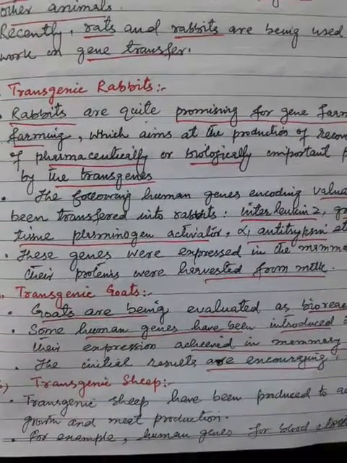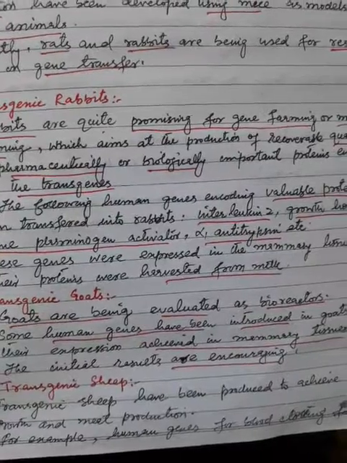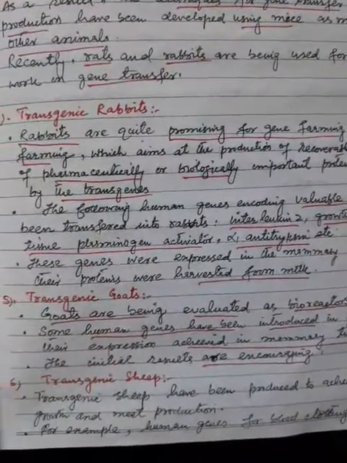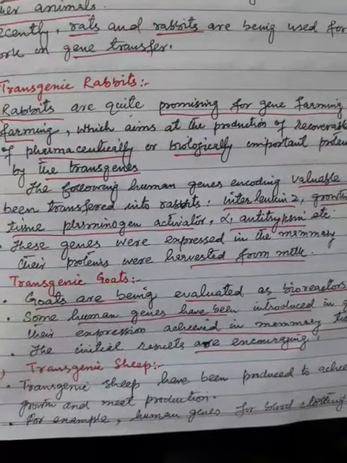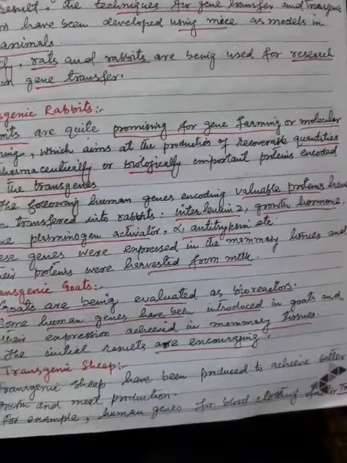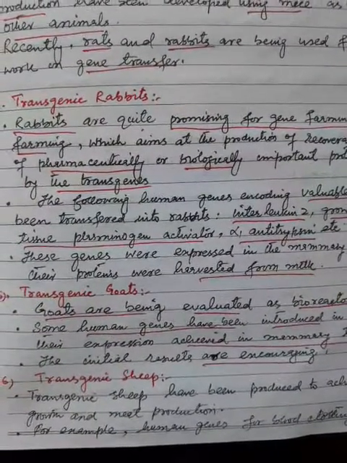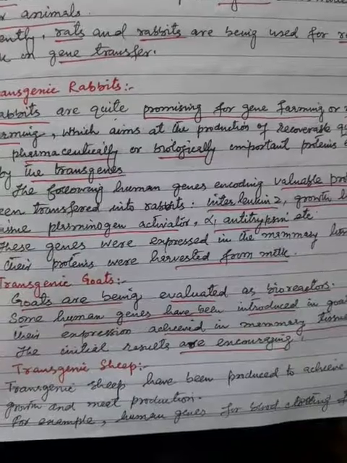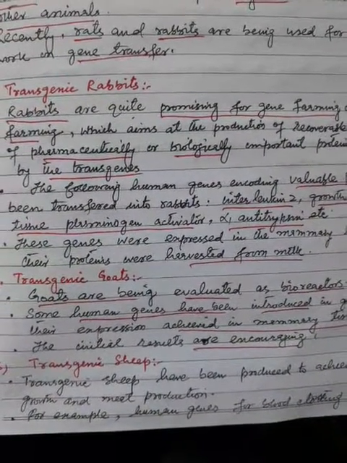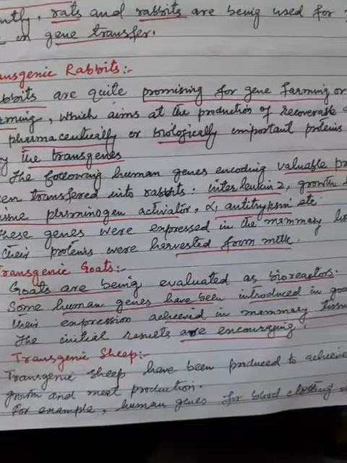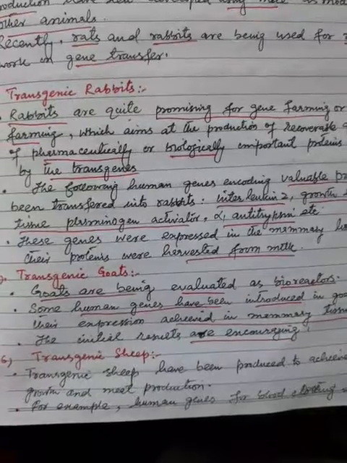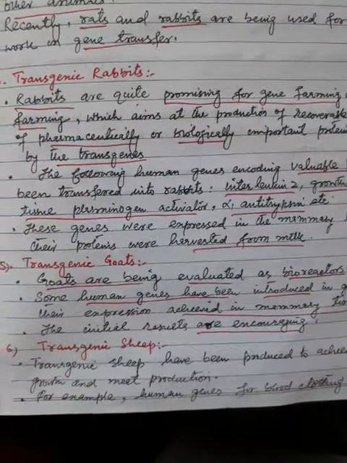The following human genes encoding valuable proteins have been transferred into rabbits: interleukin 2, growth hormone, tissue plasminogen activator, alpha 1 antitrypsin, etc. These genes were expressed in the mammary tissues and their proteins were harvested from milk.